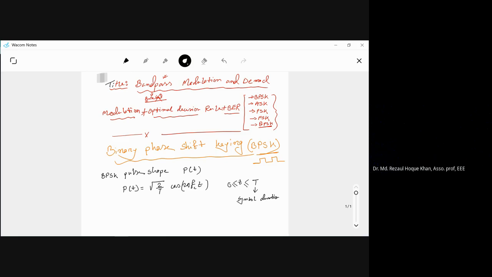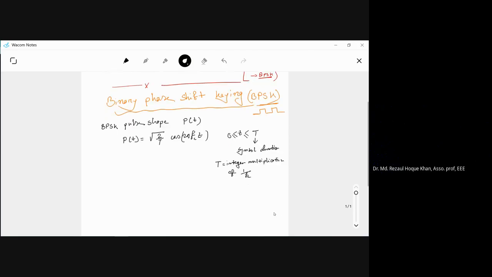Now this T is also an integer multiple of 1 over Fc. So we can write T as K over Fc, for example.